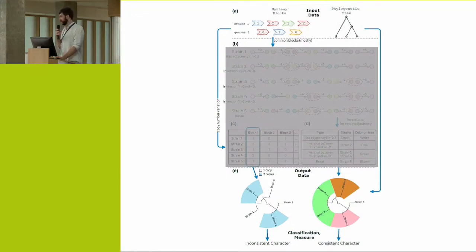Then it outputs a list of rearrangements which happened in parallel, arranged by their importance, and I will explain what that means later as well. So you give it a set of strains and a tree, and you get which rearrangements can be biologically important in this genome family.